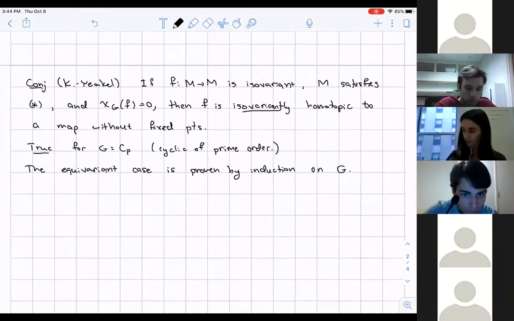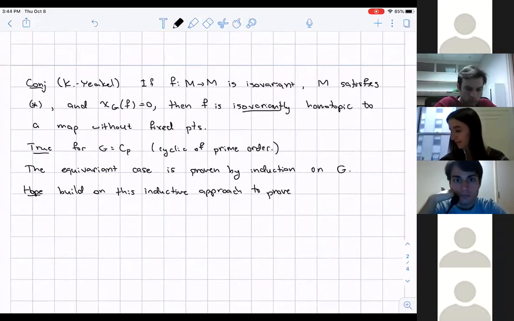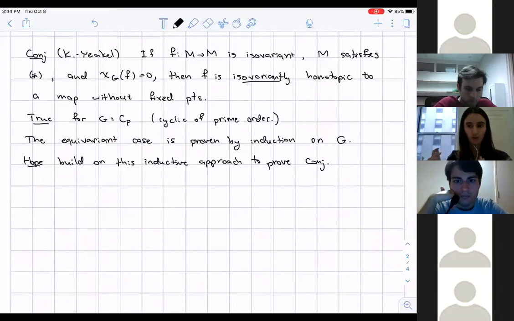And so the hope is to build on this inductive approach to prove the isovariant theorem. So to prove the conjecture.